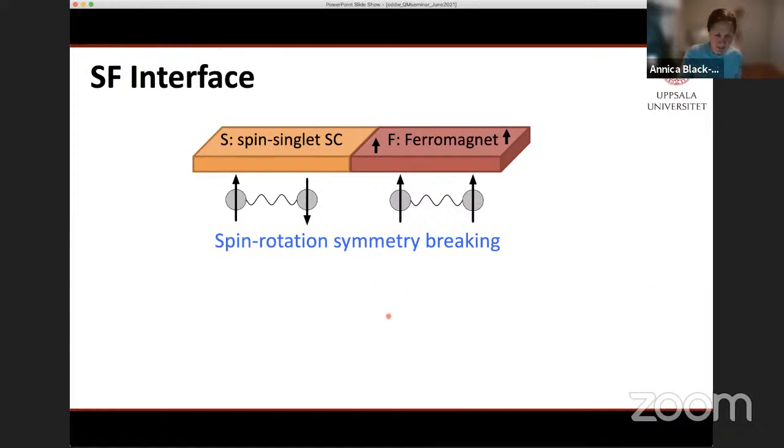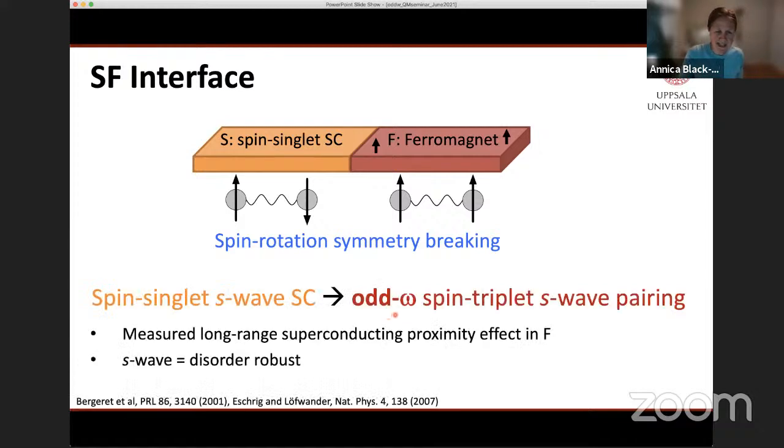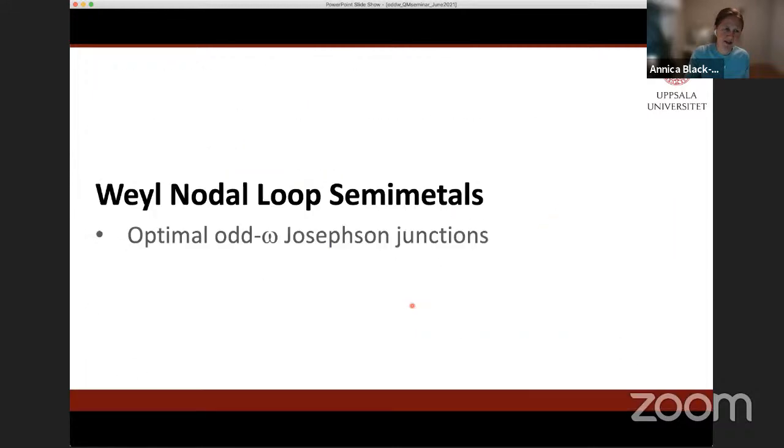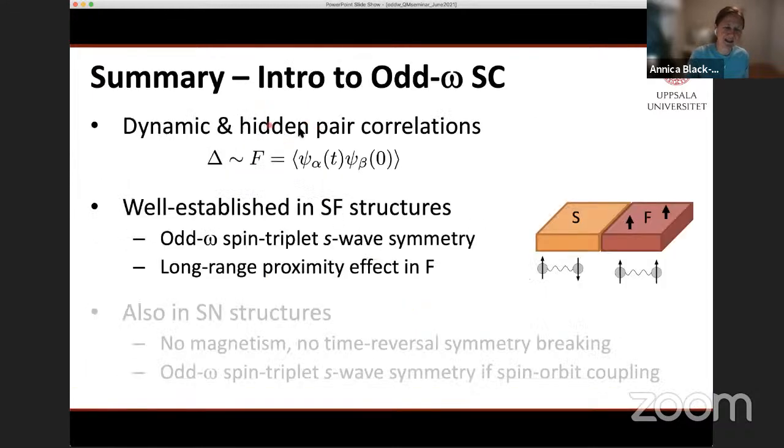Getting closer to actually measuring the odd frequency, really getting at the time dependence, has been proving a lot harder. That's a little bit why I call it a hidden order, because it has time dependence, a relative time difference in the Cooper pair. So it's not obvious.